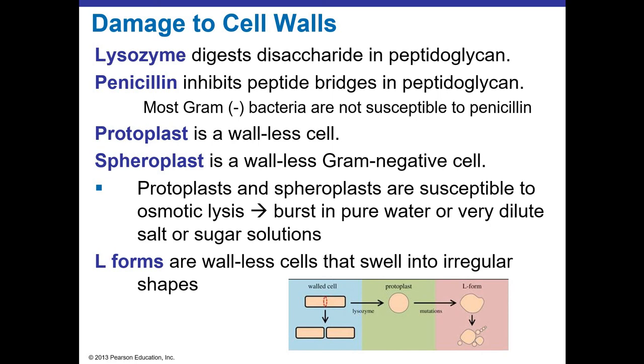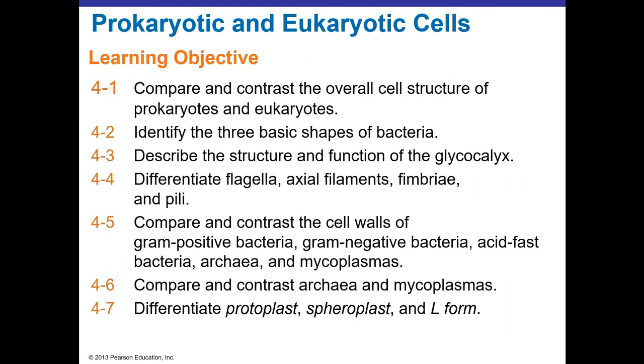Over time, they often turn into what are referred to as L forms, these wall-less cells that start to get abnormal. They start to pinch off and bleed part of their cytoplasm and membranes. So these are ways that we can study the features of the cell wall and also try to study the cell membrane, as we'll see in the next slideshow.